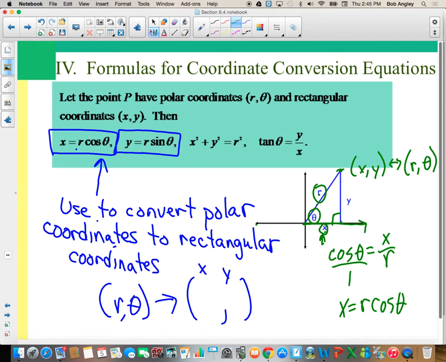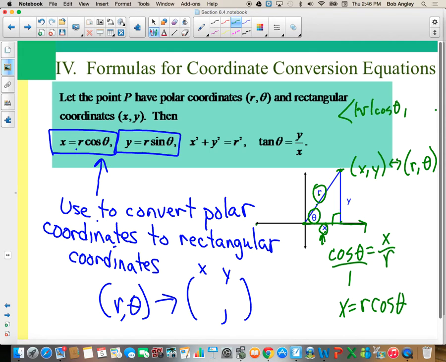Now, you will remember that this is like the 3rd time, I think, that we've gotten x equals r cosine theta, because when we were dealing with vectors and changed to component form, the r is in the position where the length of the vector was. We had the length of the vector times the cosine of theta as the x coordinate, and the length of the vector times the sine of theta as the y coordinate.